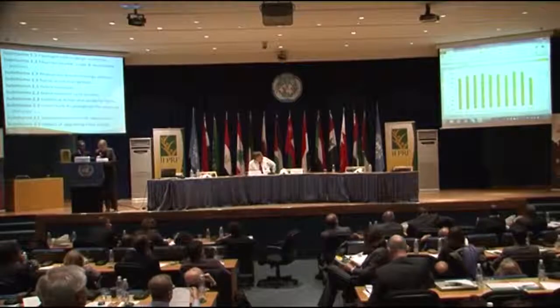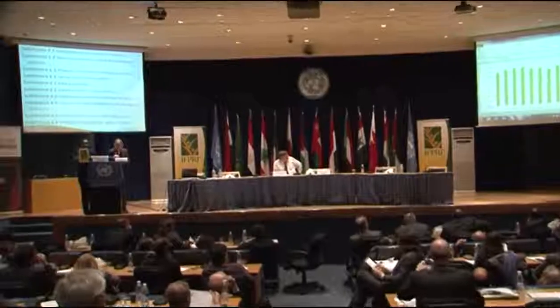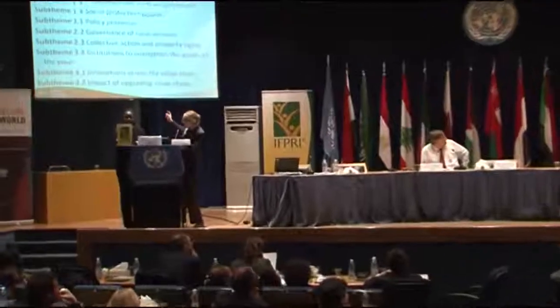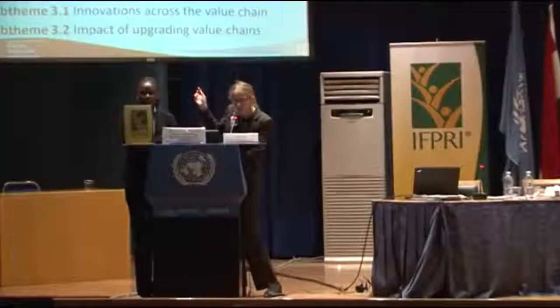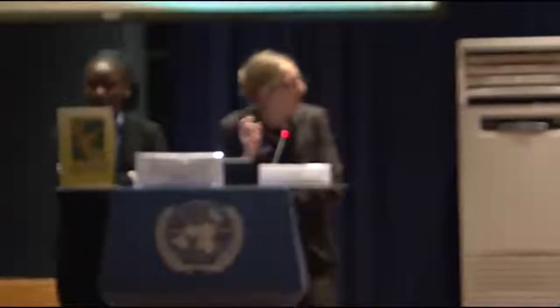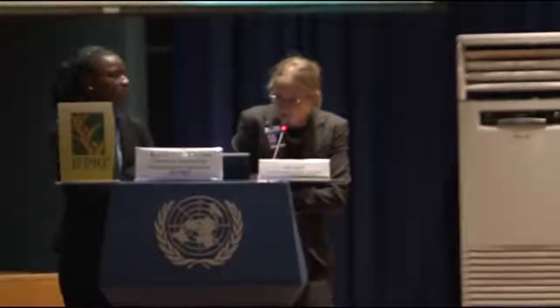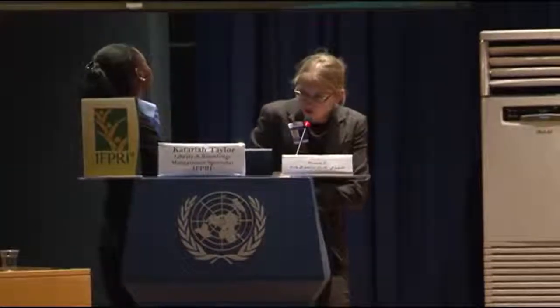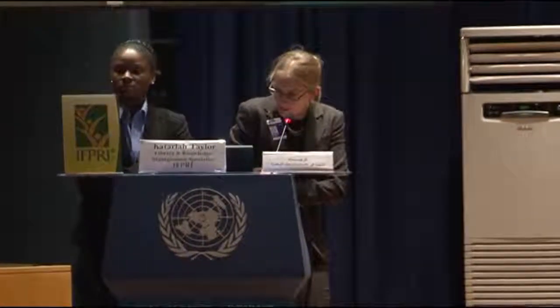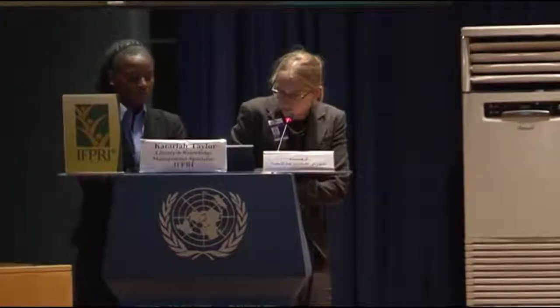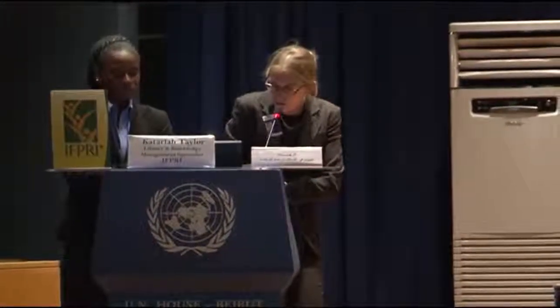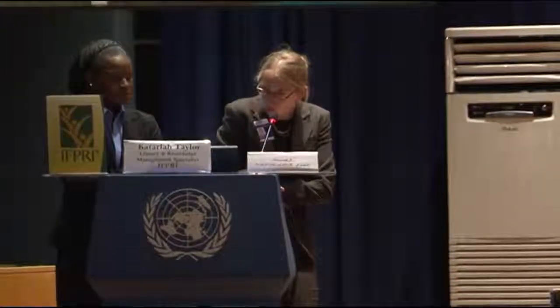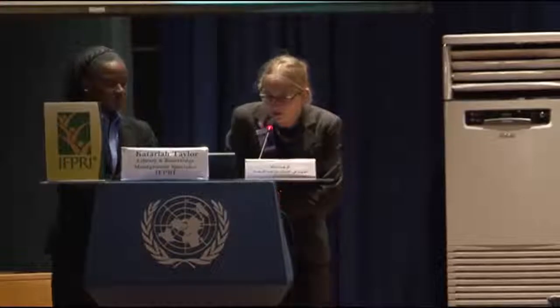Okay, so these are the average scores for each of the 10 sub-themes. And on this screen here, you have a reminder of what each sub-theme number is. The sub-theme that has the highest average score of 3.9 is sub-theme 1.4 about social protection policies, followed very, very closely by sub-theme 1.3 about technology and production policies, and sub-theme 2.4, which is institutions to strengthen the assets of the poor.